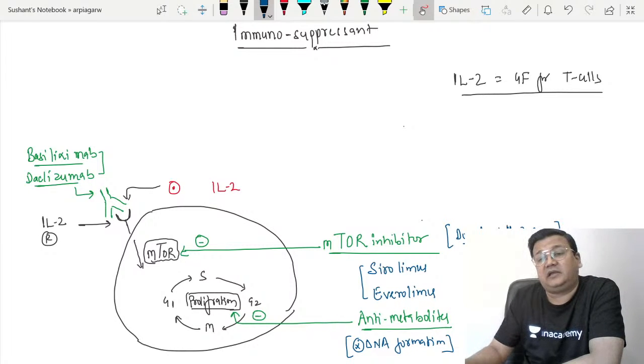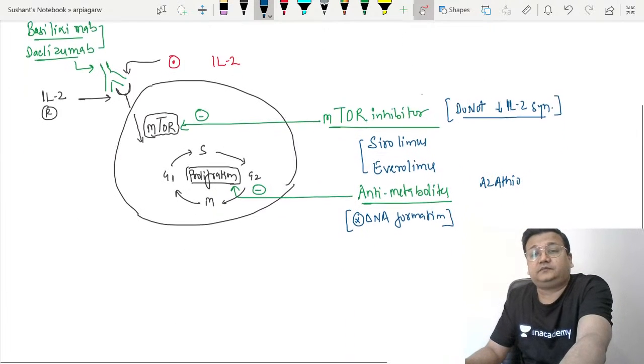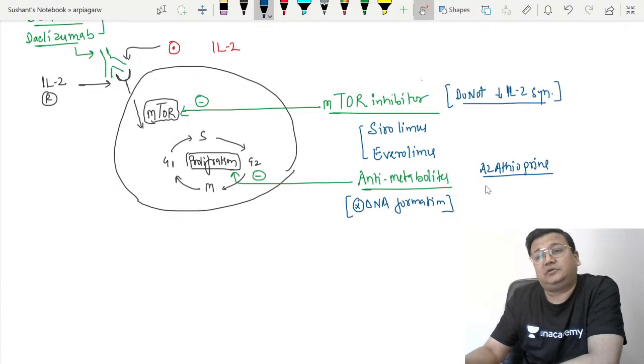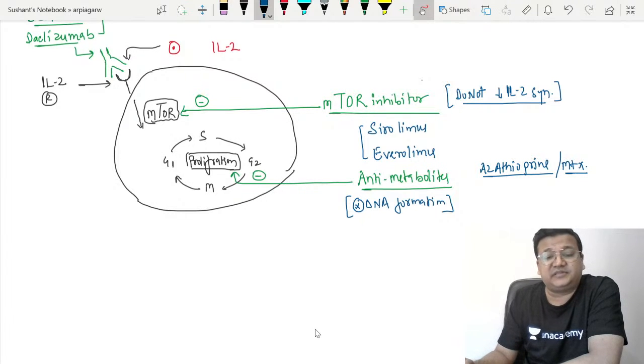So we can think of azathioprine. Azathioprine is there. Methotrexate is there.